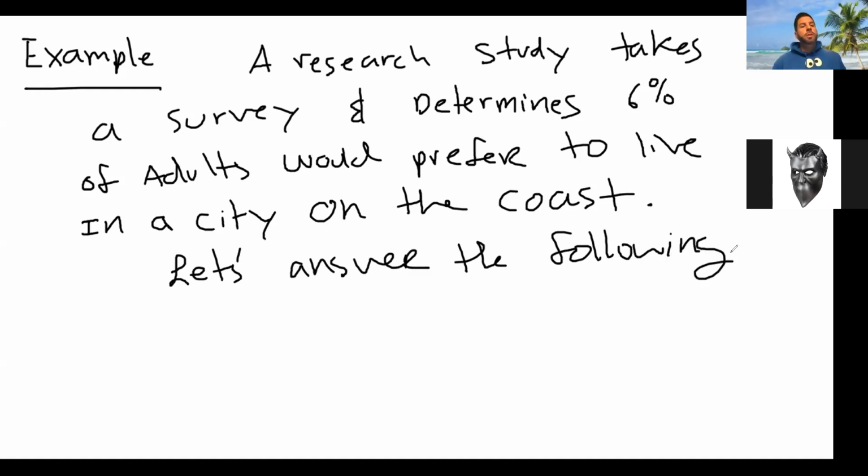So let's assume we take some arbitrary collection of people. What we're saying with the setup here is that 6% of Americans would prefer to live in a city that's on the coast, maybe somewhere in California or Washington or New York or Florida. Now I'm being very arbitrary, but that's not the point of the problem. The point of the problem is the 6%.